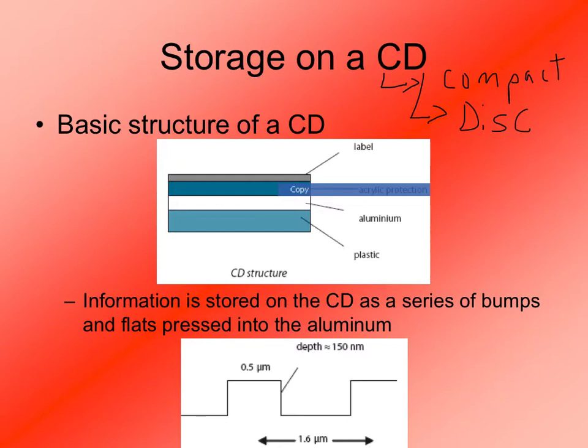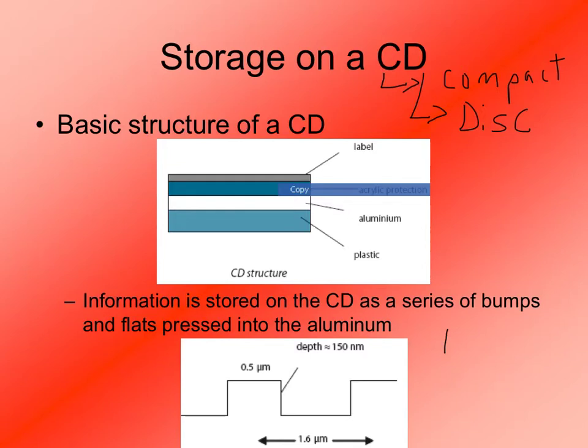So, our basic structure of a CD is that there's some top coating that consists of the label. Then there's some acrylic in there that's for protection. You have a thin piece of aluminum and then a thicker piece of plastic. And in a CD that's created at a manufacturing plant, the pits that are in the CD are actually pressed in.